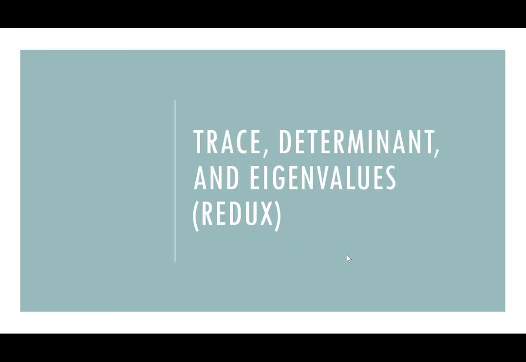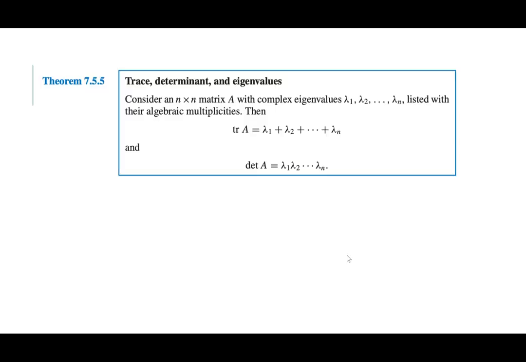Okay, let's really quickly revisit the relationship between the trace, the determinant, and the eigenvalues of a matrix. This is theorem 7.5.5 in your book, and it says, suppose you have an n by n matrix A, and it's got complex eigenvalues lambda 1 through lambda n, with multiplicity. Then the trace of A is the sum of the eigenvalues, and the determinant of A is the product of the eigenvalues. I want to say a few things here.